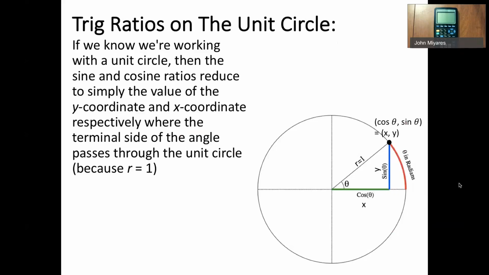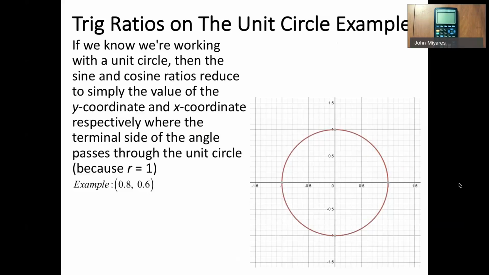If you follow along with the strategies that we covered in section 6.3 for evaluating the 6 trigonometric functions of angles in standard position, then you're going to be just fine. But since this is built into the textbook and you're expected to cover part of it, we are going to be looking at this a little bit more carefully.